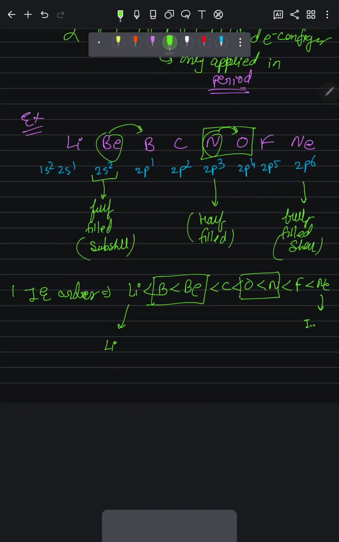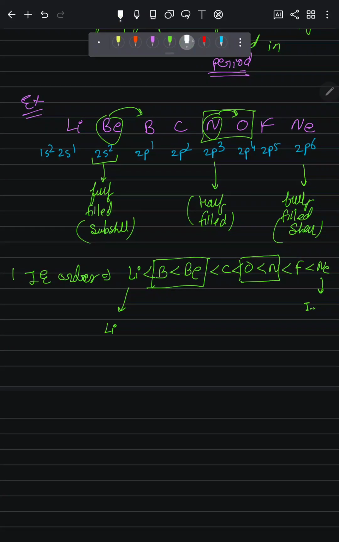Now for comparison of the second ionization energy order, we need to remove one electron and see what the second ionization energy is. If we remove one electron from here, it will become 1s2 and there will be 0 electrons in 2s.